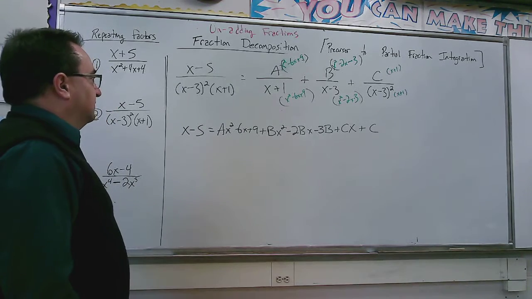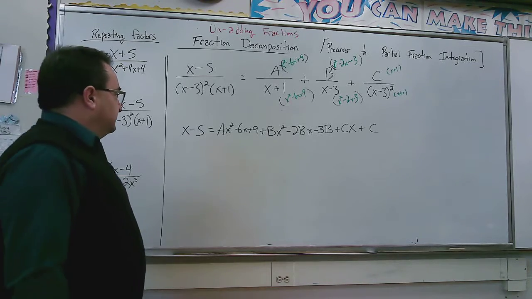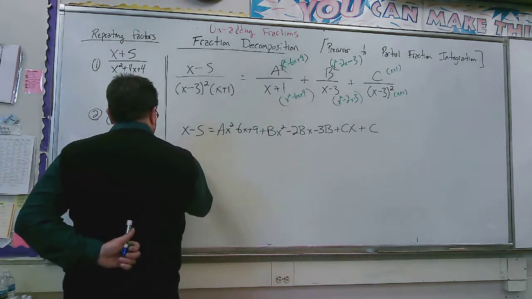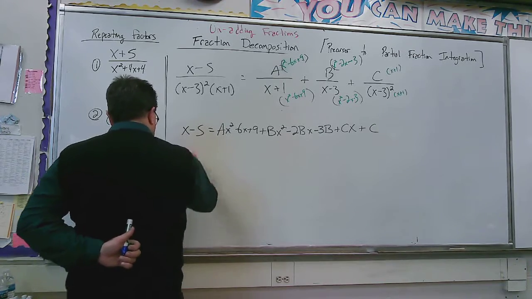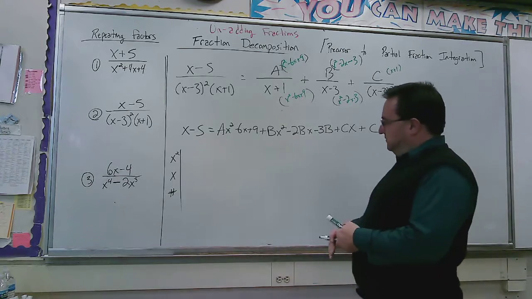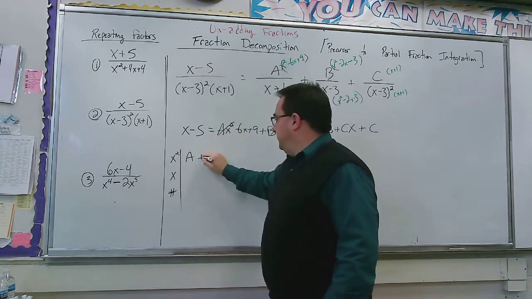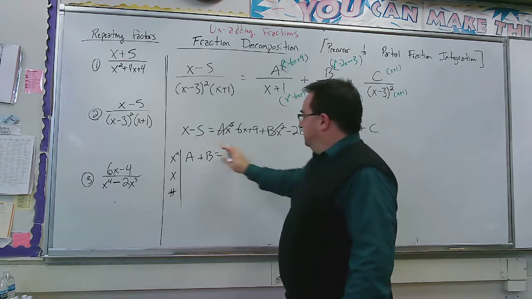Yep. All right, I think we're all right here. So now I have to break this down into my x squared, linear x, and constant equations. So here we go. Squareds. A plus b equals nothing.